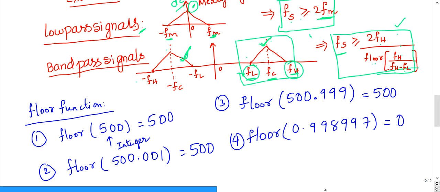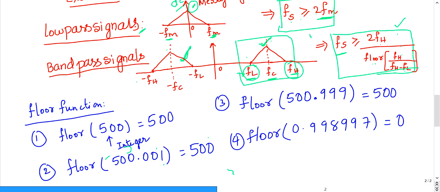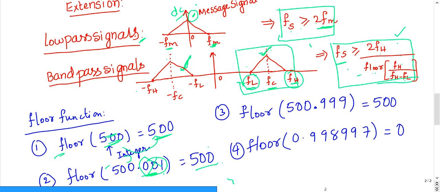Now I'll explain what the floor function is. The floor function is one in which you discard the values after the decimal. Let us see examples. First, floor of any integer, like 500, gives the same integer, no change. Second, if any digits are there after the decimal, just discard them and write the integer value. Even if the number after the decimal is large, like .999, you may tend to write 501, but that is wrong.